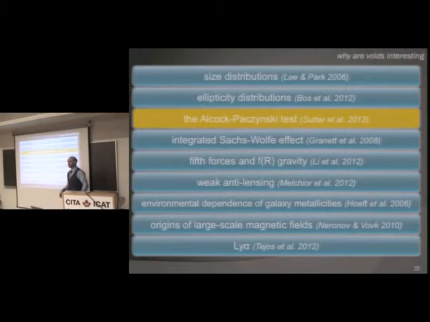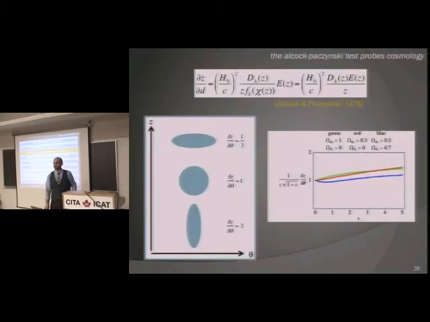So lastly, I want to talk about the project that we're most interested in, what motivated this analysis of voids in the first place. And this is the Alcock-Paczynski effect. The Alcock-Paczynski effect tells you that if you have a set of standard spheres in the universe, you can do cosmology. You can take this population of spheres and measure their angular extent and their extent along the line of sight.